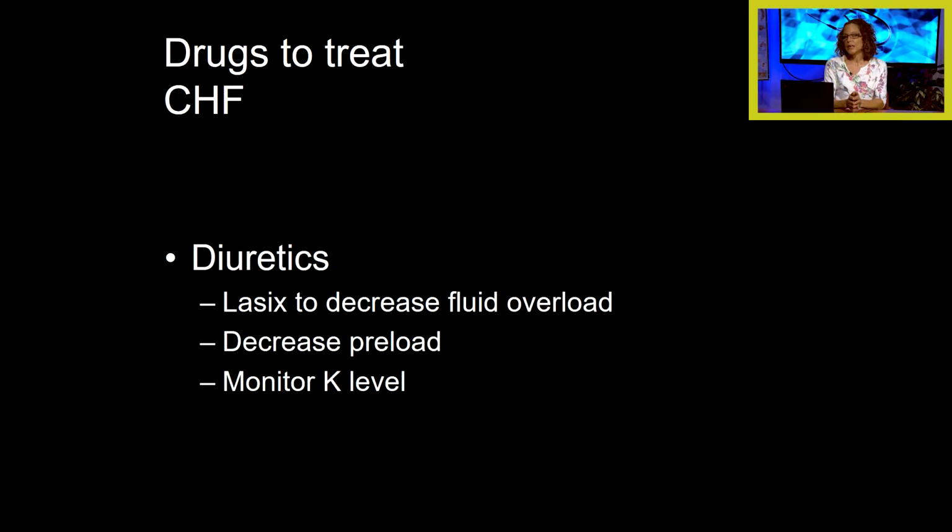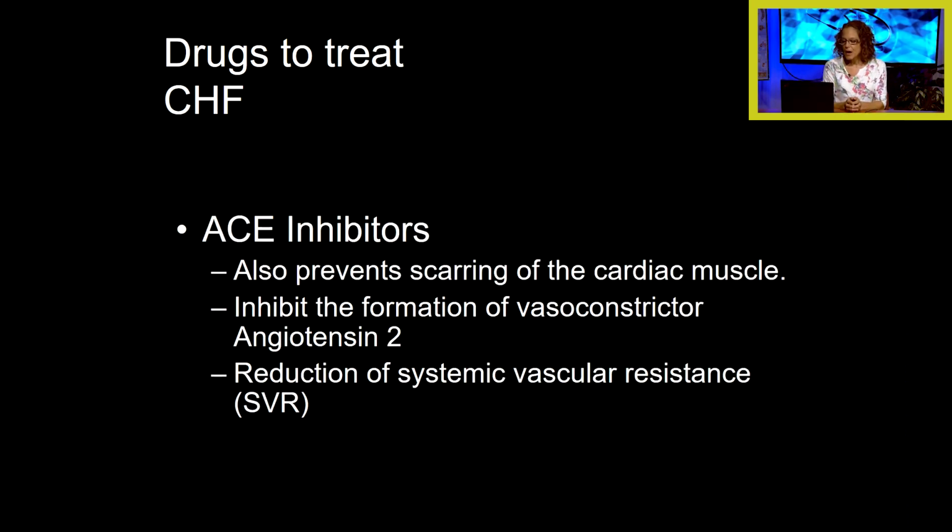But remember, when we give diuretics, especially Lasix, we have to monitor the patient's potassium level because we want to make sure that it does not go too low, because they will be peeing out potassium as well. ACE inhibitors can help prevent scarring of the cardiac muscle and inhibit the formation of that vasoconstrictor, angiotensin II, remember that, reducing the systemic vascular resistance.